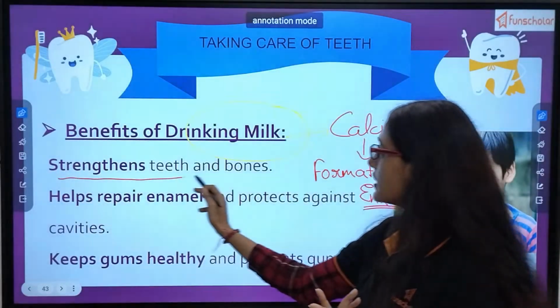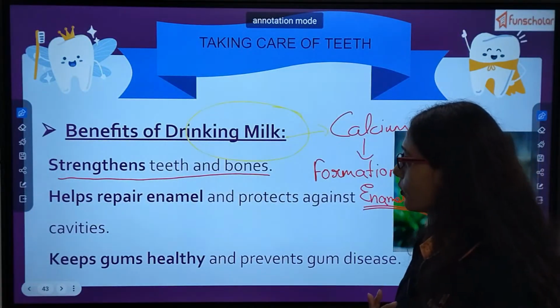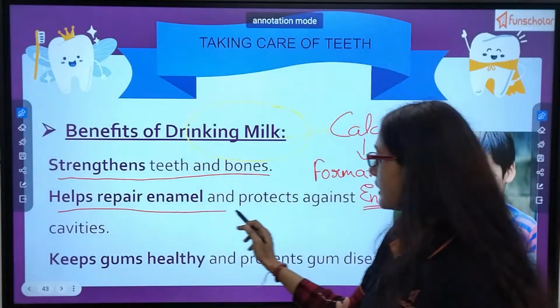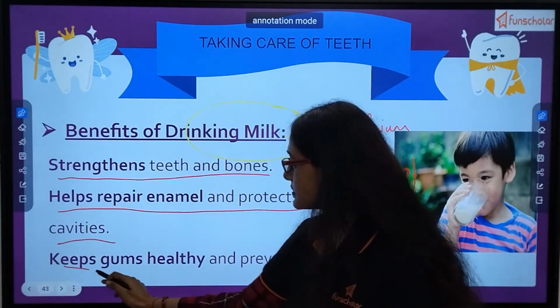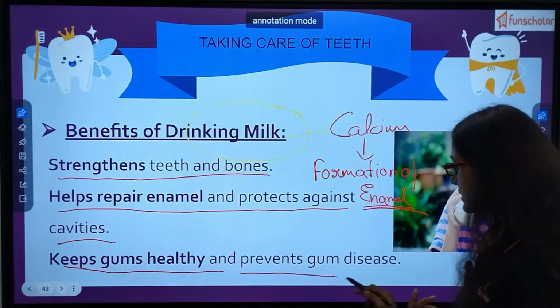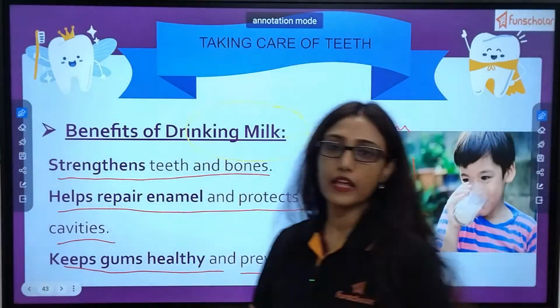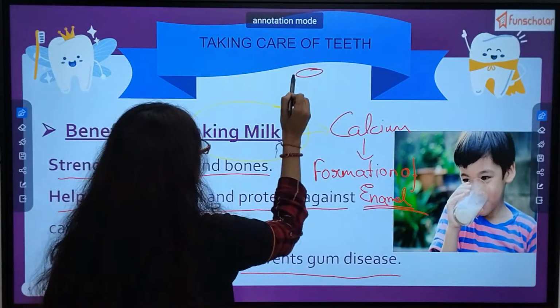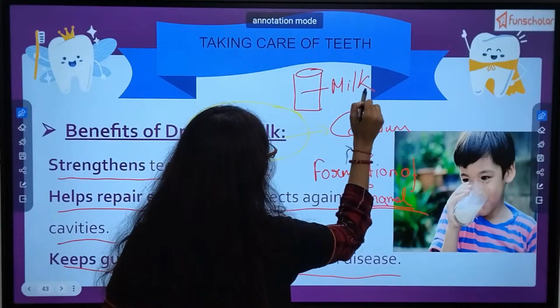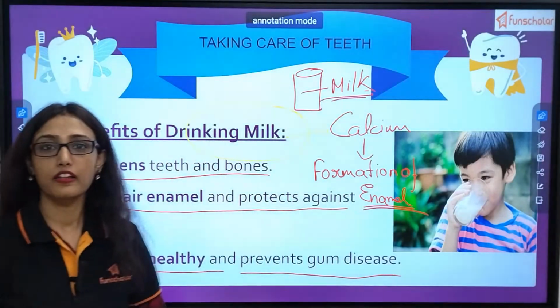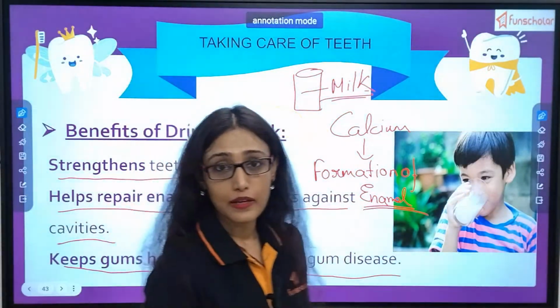So, milk strengthens teeth and bone, helps repair enamel and protects against cavities, keeps your gums healthy and prevents gum diseases. So, next time your mother gives you a glass of milk, please do not say, mom, I'll not drink the milk.